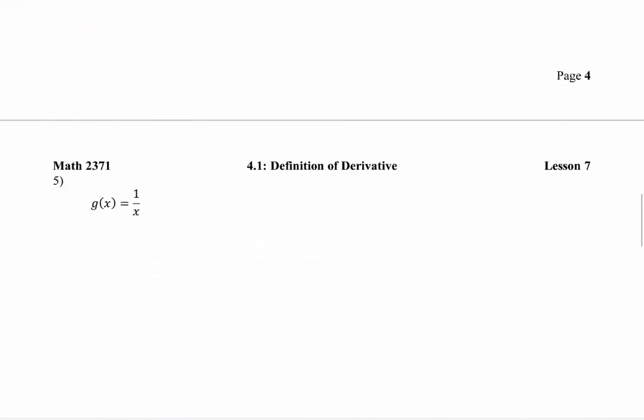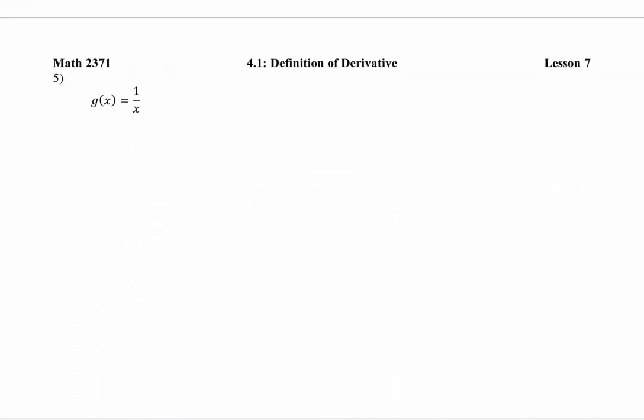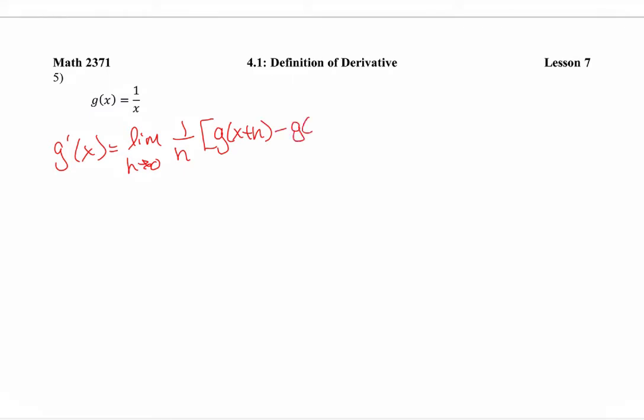Alrighty. Now, for a rational function, we're going to do the same process, but I'm going to write my beginning definition a little differently. So I'm going to write g prime of x equals the limit as h goes to 0 of 1 over h times g of x plus h minus g of x.